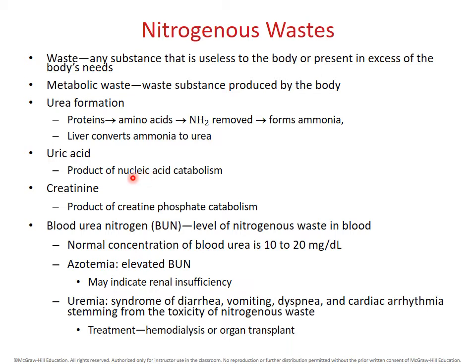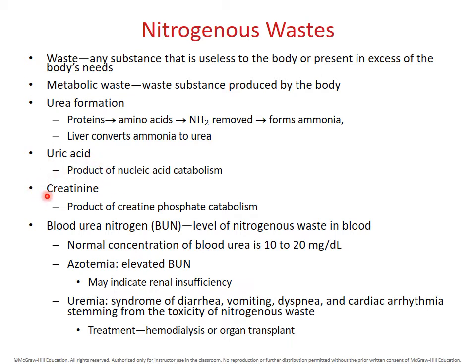And again, there's that clue, right? Nitrogenous bases, nitrogen-containing bases. These are the adenine, cytosine, guanine, thymine, and uracil that we find in the DNA and the RNA. Again, all containing nitrogen. And so when we break those down, a byproduct or a waste product of nucleic acid breakdown or catabolism is this thing known as uric acid.